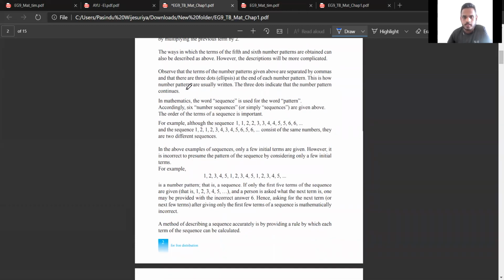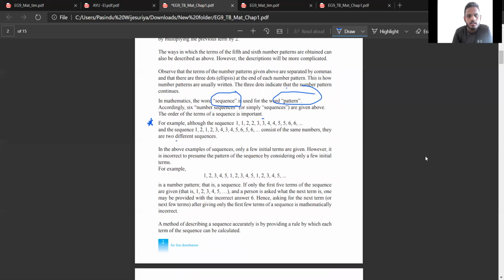This is an important part which comes to sequence and pattern. A sequence is the order of the numbers, how it is going to continue into the future. In this sequence you have number ones, twos, threes, fours, fives, and six.